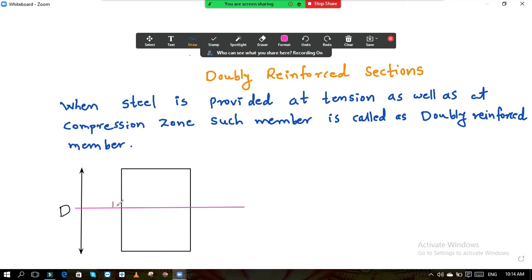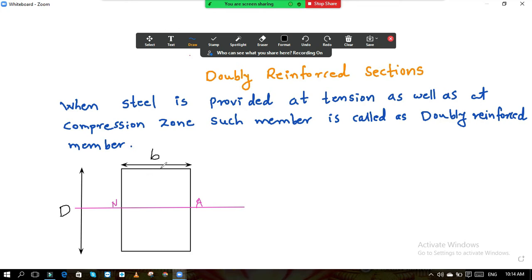And then for the placement of steel, this is the width of the section, B.